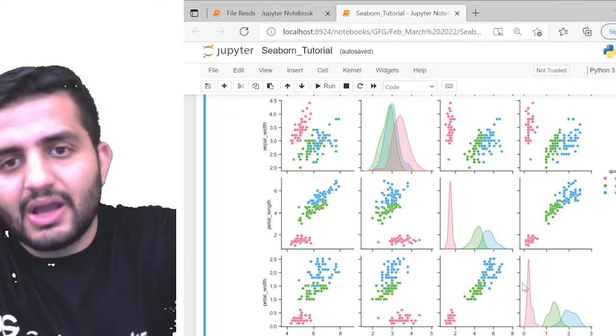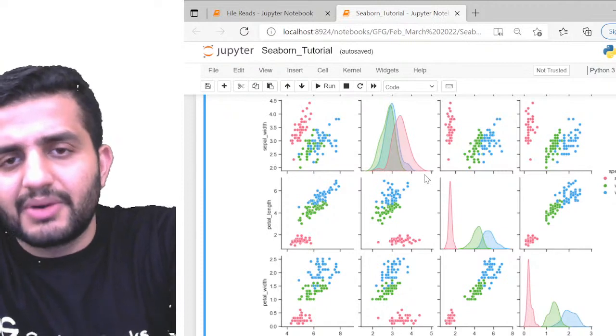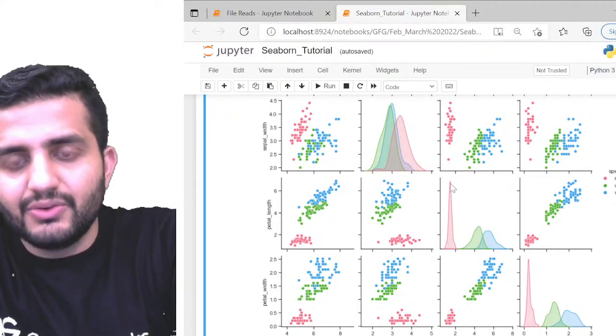Okay, yes. So here I could definitely see that based on different species I have different distributions, but more or less it's pretty much a normal distribution. But for petal length, it does not look normally distributed. I have a huge peak for my Setosa species, and for versicolor and virginica I have a smaller peak.